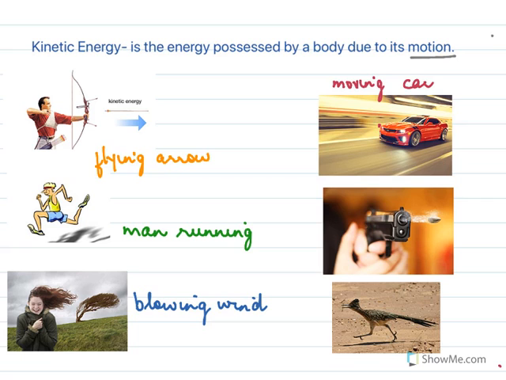A bullet, here a fired bullet, has kinetic energy. Then in this example, we see a bird, a running bird, will also have kinetic energy. All these objects possess energy because they are in motion. We'll now do the derivation of kinetic energy.